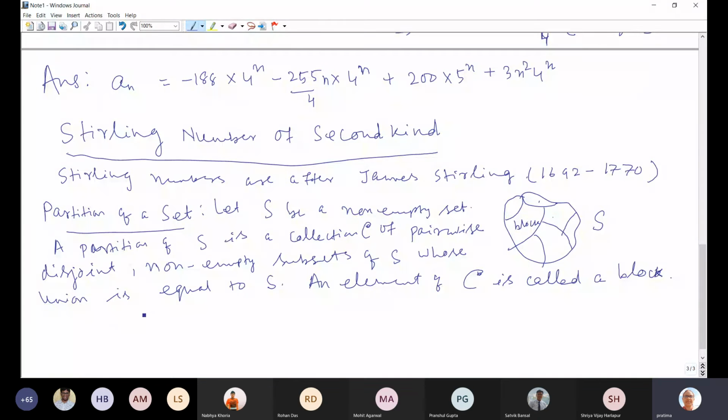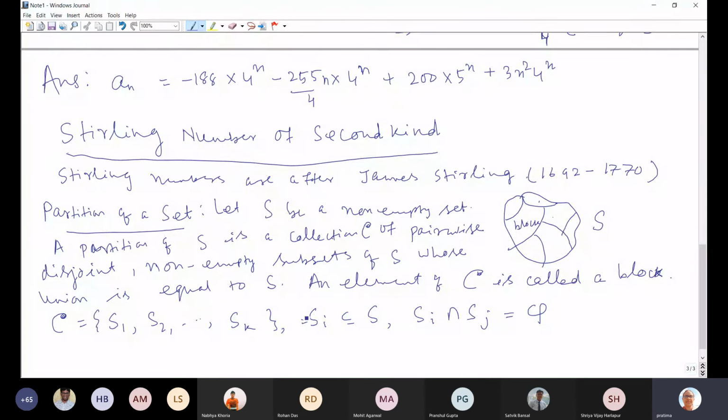Well, that means this is how C looks like. C is a collection of some subsets S1, S2 to Sk, where each Si is a subset of S, and Si intersection Sj is an empty set for i not equal to j.